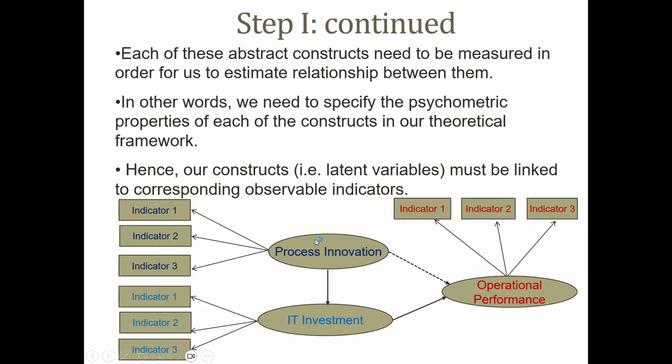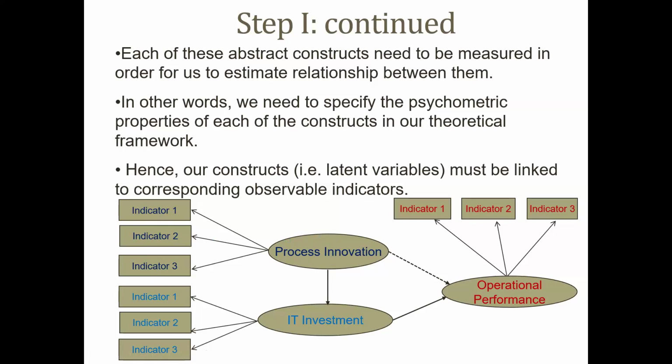So technically, your construct, which is process innovation, we normally call a latent variable. It is latent in the sense that it is not directly and holistically observable in the real world. It is a mental construction that we are giving a specific meaning to.